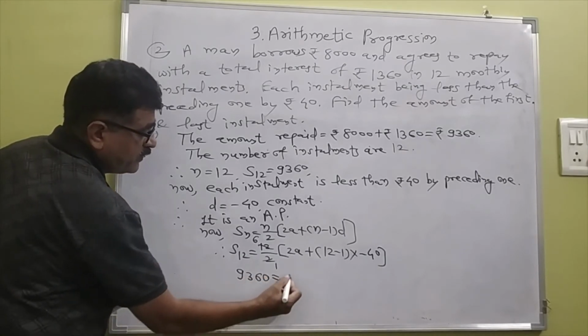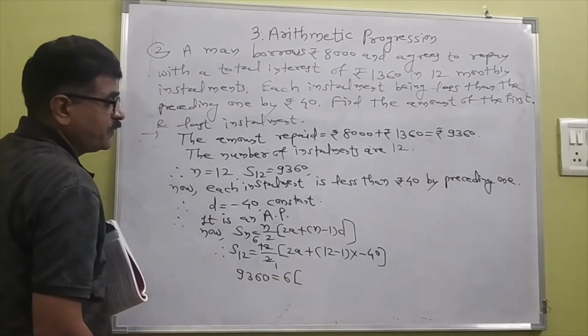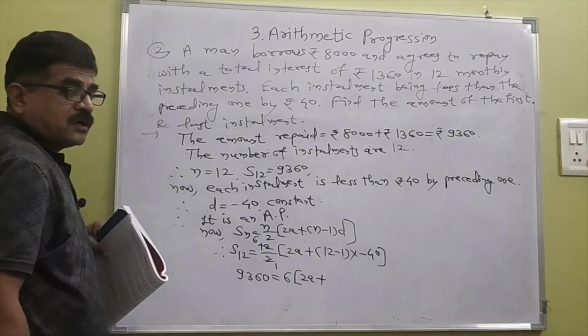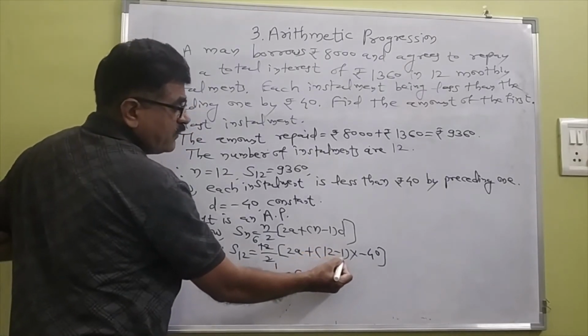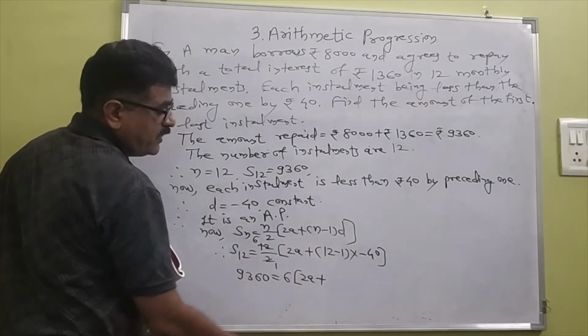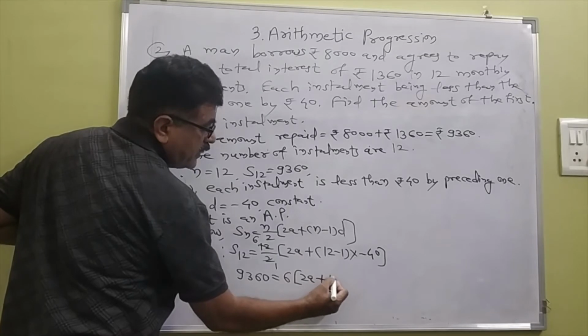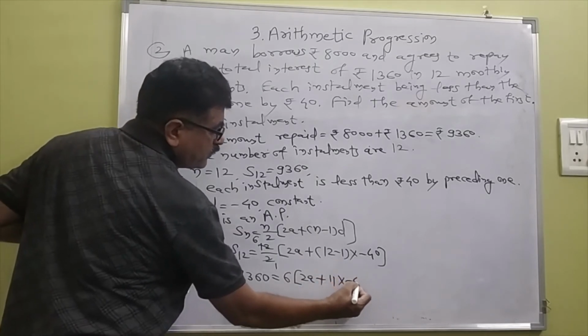9360 is equal to 6 into bracket 2a plus 11 into minus 40.